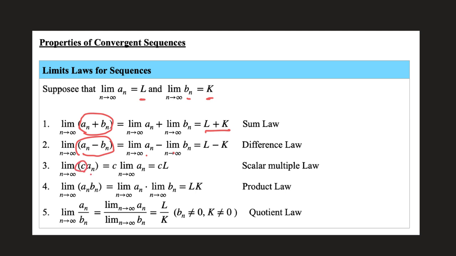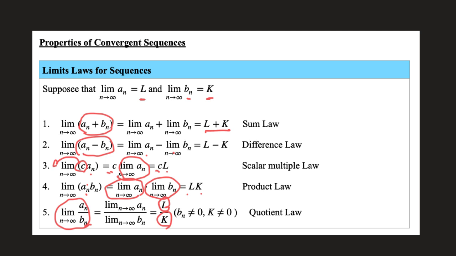For scalar multiplication, the constant C comes out, C times the limit of A. For the multiplication of sequences, you separate each limit, then multiply the two limits. For the division of sequences, you separate the limits, then divide the limits. Okay, that's it.